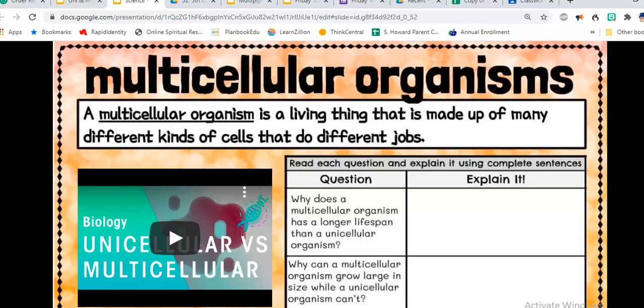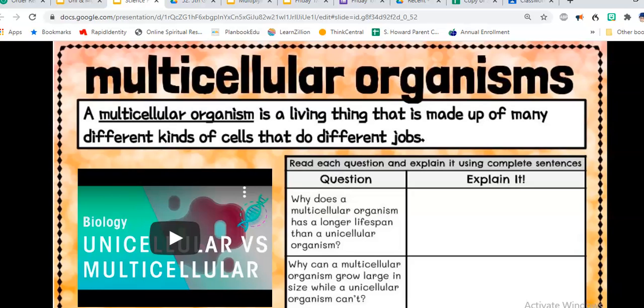And then why can a multicellular organism grow large in size while a unicellular or one-celled organism can't? And sort of the name gives us a clue there. We were told in the video that a single-cell organism has only just one cell.